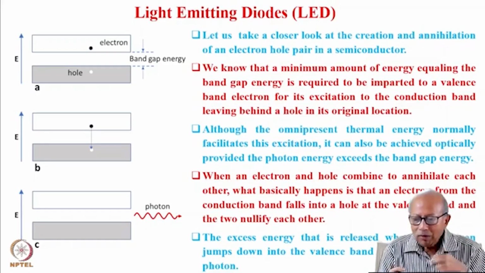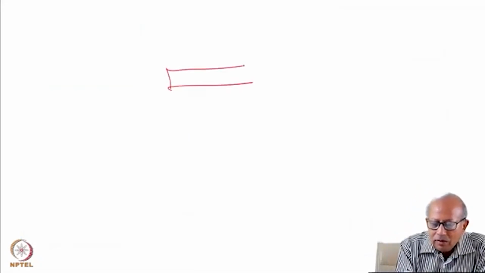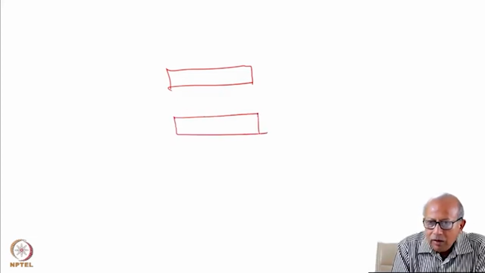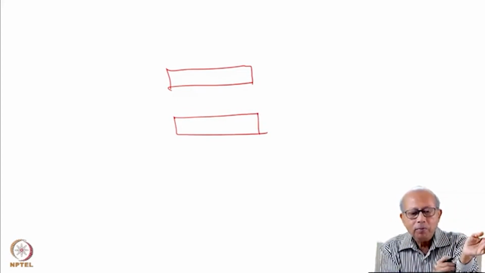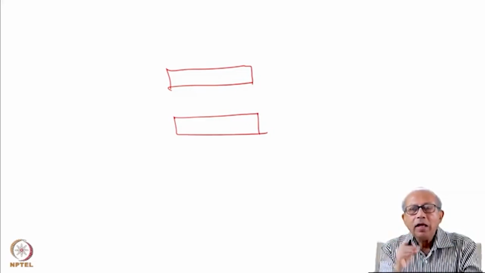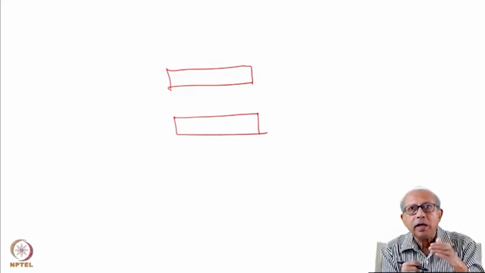You see, when we say that this is a conduction band and this is a valence band. Now, as you have forward biased it, that means you are pumping electrons in the conduction band and holes into the valence band.